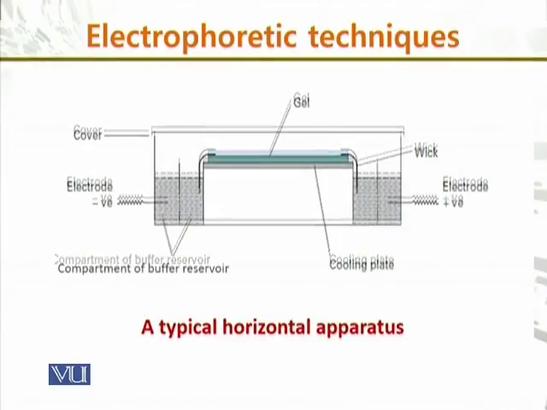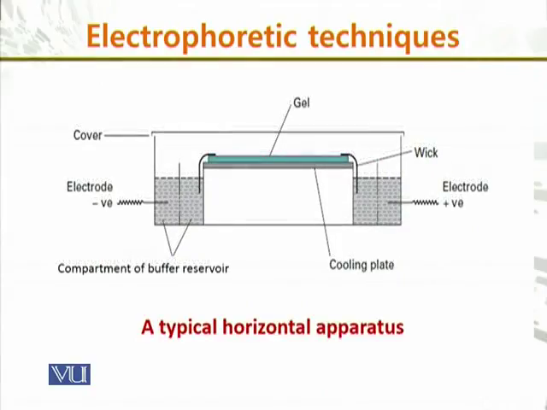In this slide, a typical horizontal electrophoresis apparatus is shown, where you can see a gel, and the gel is connected by wicks of paper to the two buffer reservoirs on the left and the right. In the reservoirs there are electrodes, one positive and one negative.